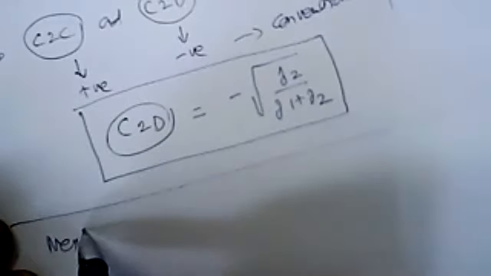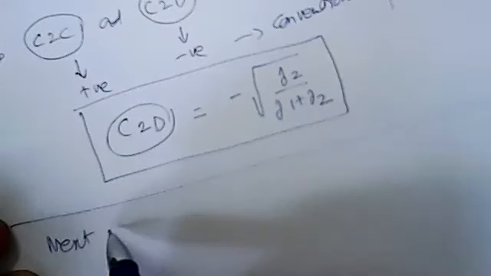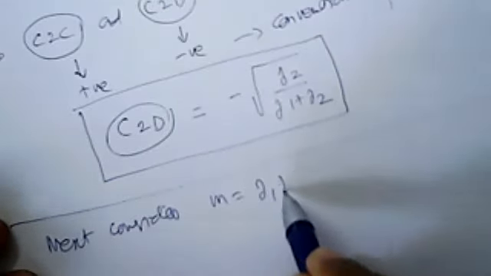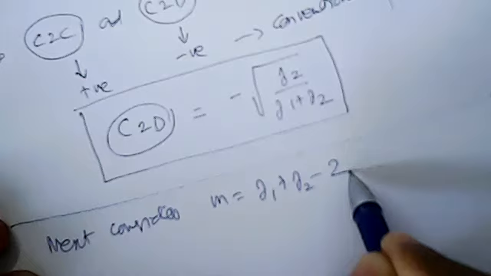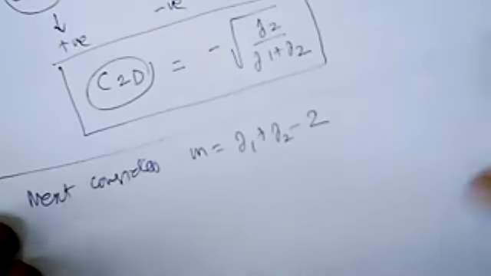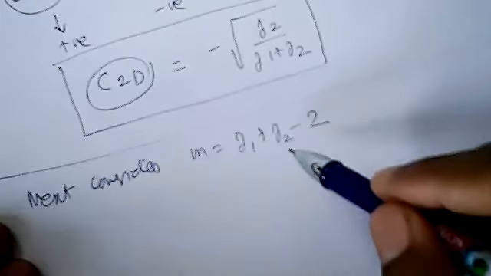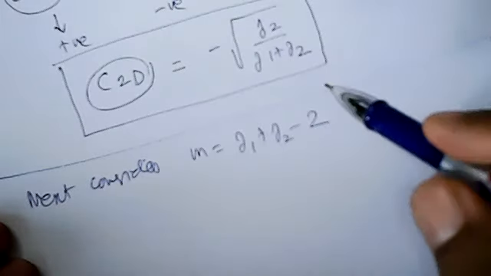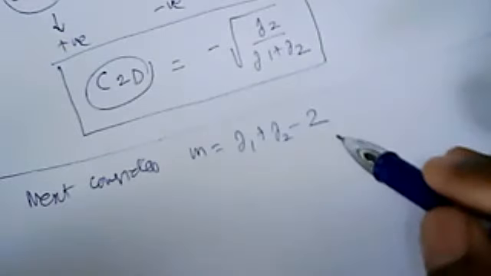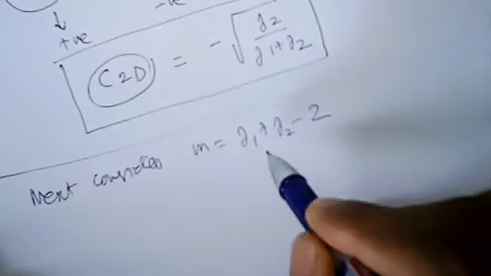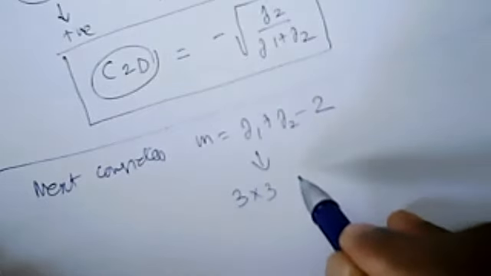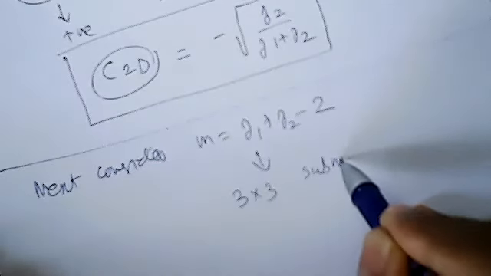Now consider the next case, M equal to J1 plus J2 minus 2. I am not doing this, but we can explain it. Corresponding to this, we will have a 3 by 3 block matrix or submatrix.